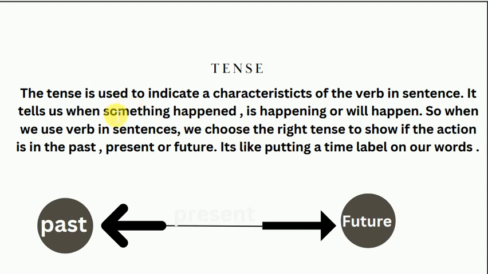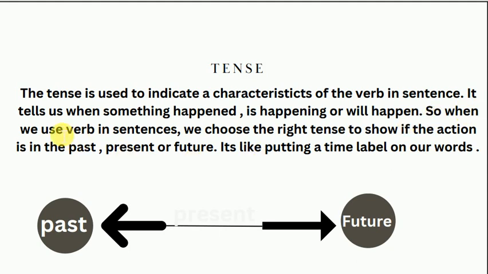We have three time levels: something already happened, something is happening, and something will happen. That's why we have three time levels in tense.